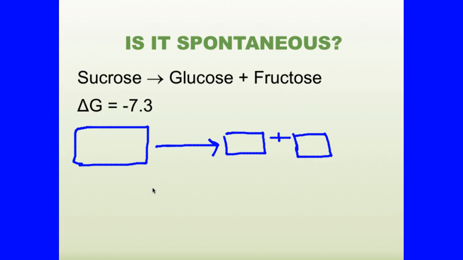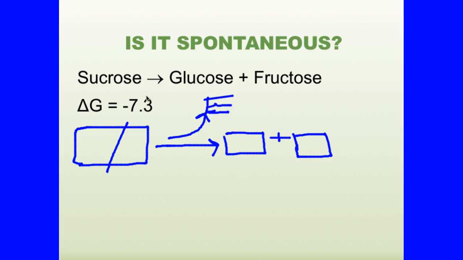Catabolism, remember, is the breakdown of a larger molecule into smaller molecules. When you break apart a bond in the larger molecule to create these other molecules, you have a release of energy. Energy is getting released into the system.